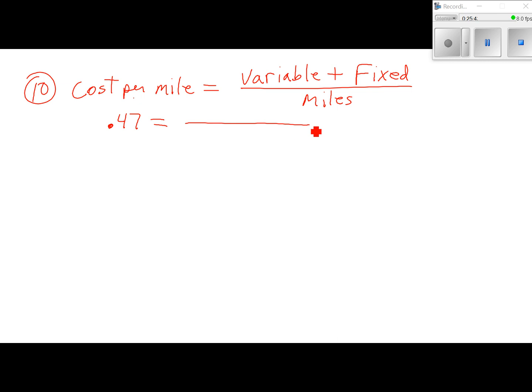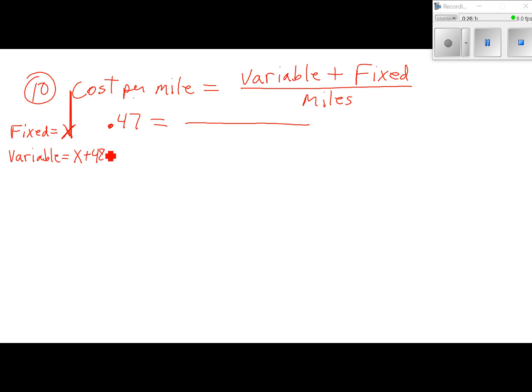What we don't know this time is the variable or the fixed, but they tell us that the variable is $48 more than the fixed. So I'm going to let the fixed be some variable. We'll use X. And then that means the variable is going to equal $48 more than that, or X plus 48.